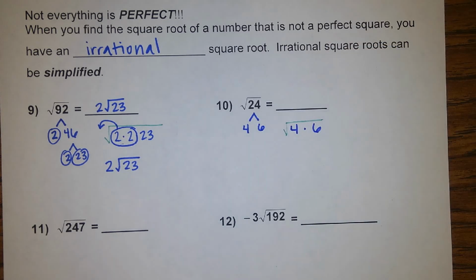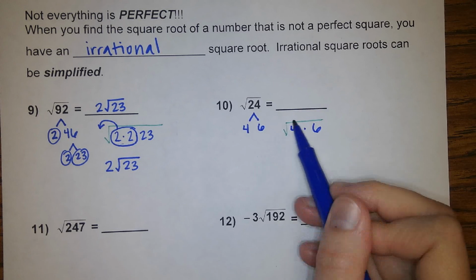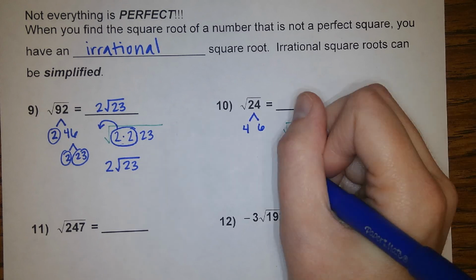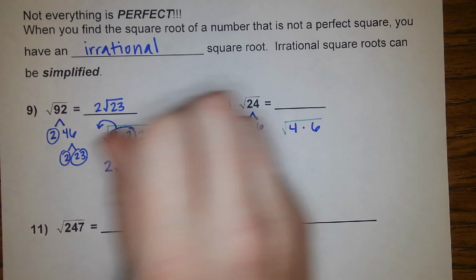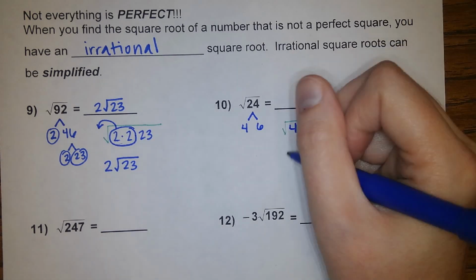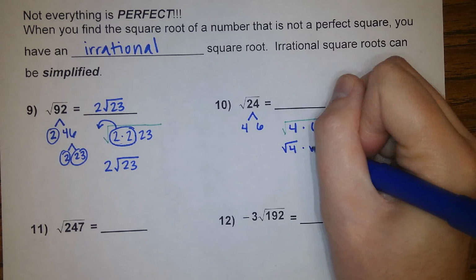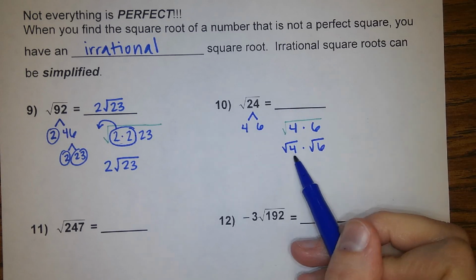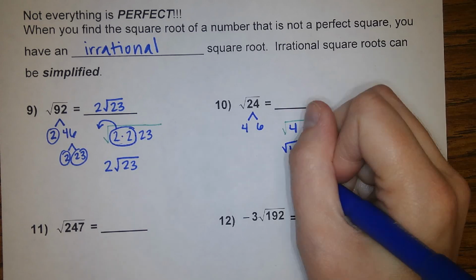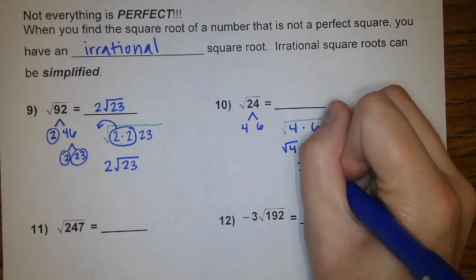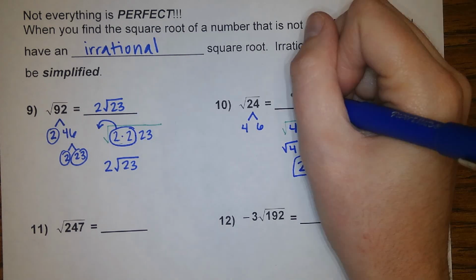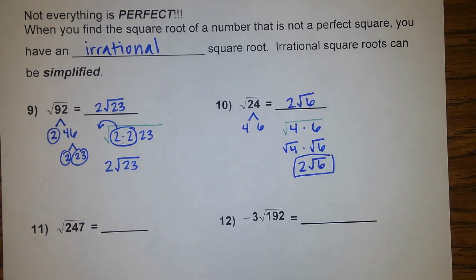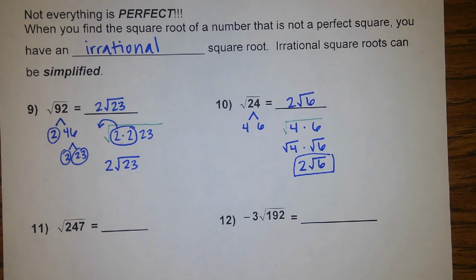And how we can rewrite that is the square root of 4 times the square root of 6. And we know that the square root of 4 is 2. So we can say that it's 2 square root of 6. So that is our answer here, if you wanted to do it through perfect squares.